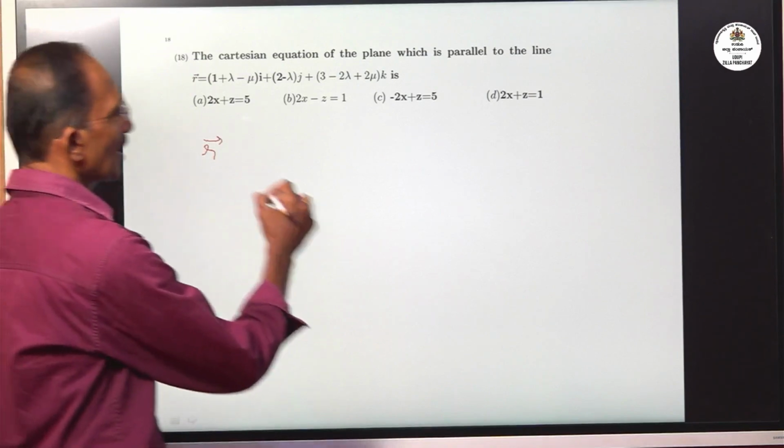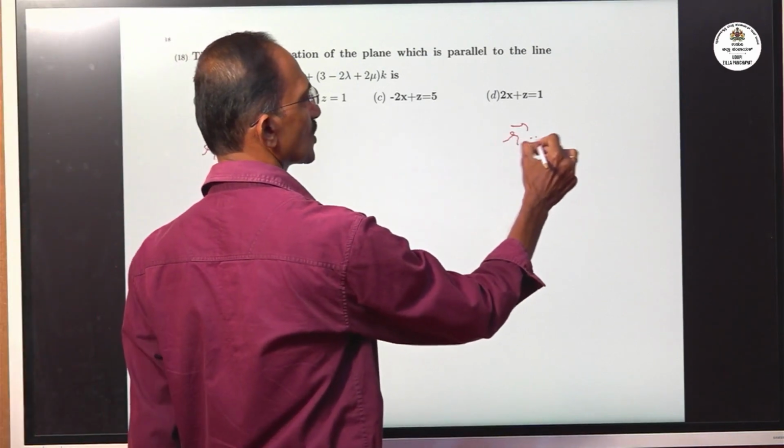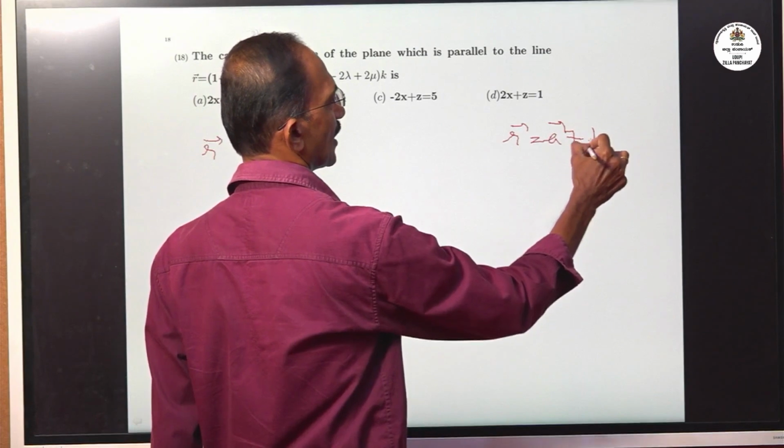Now take out the equation of the line and write it in the standard form, r equals a plus lambda b.